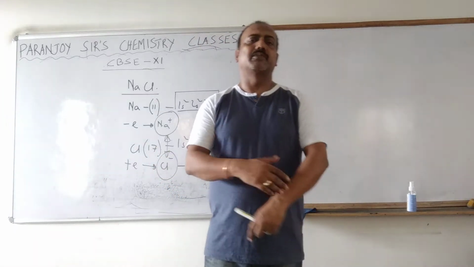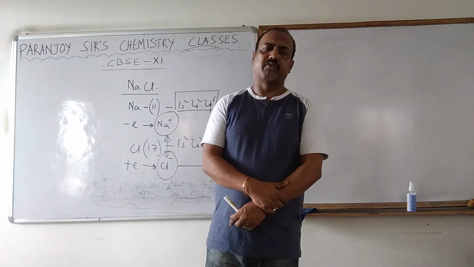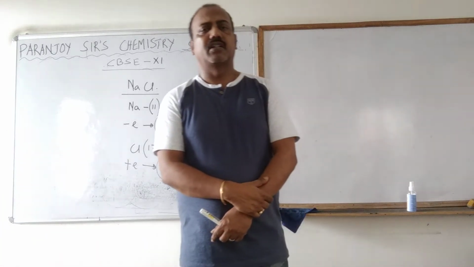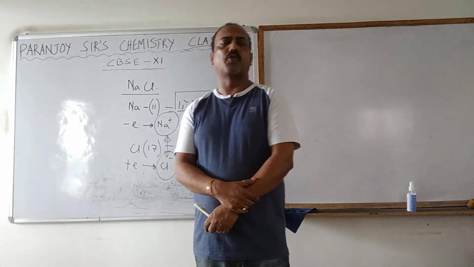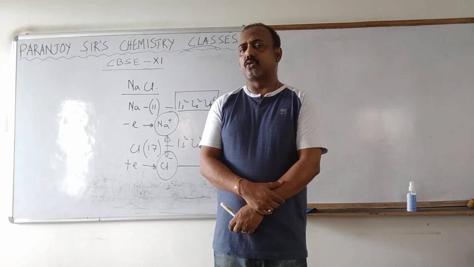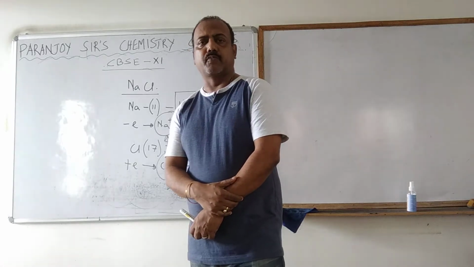Then that particular force of attraction is known as covalent bonding. Generally, in so many elements, the covalent bonding is more prominent than the ionic bonding. So once again, it must be predominantly covalent bonding.